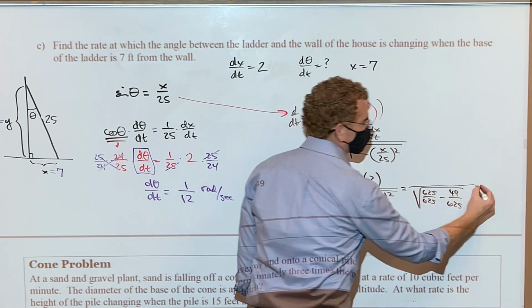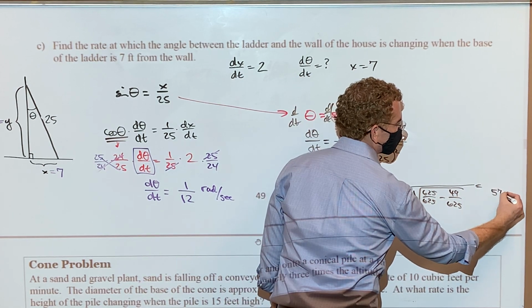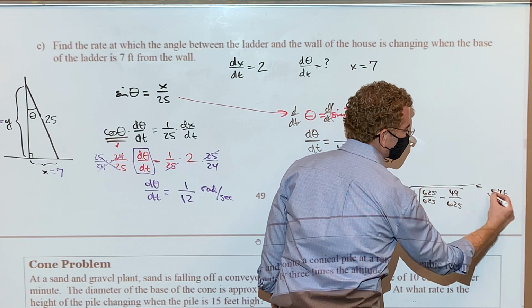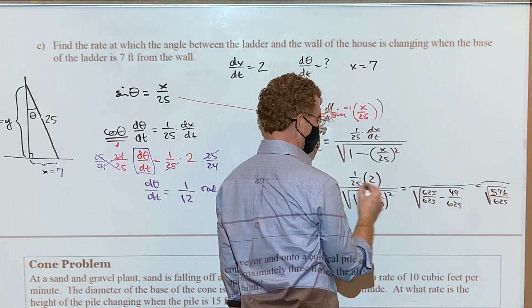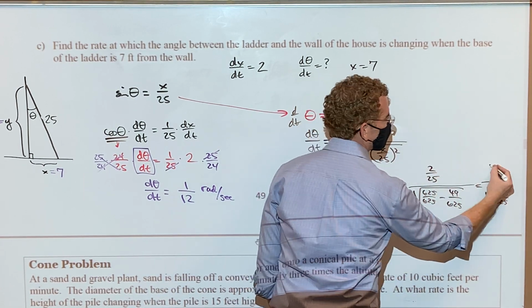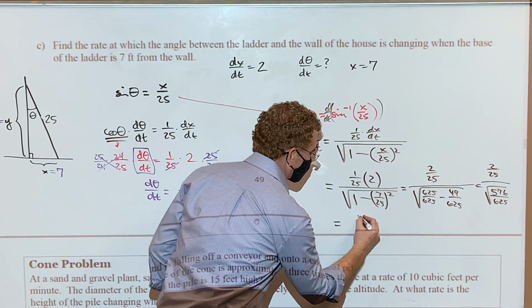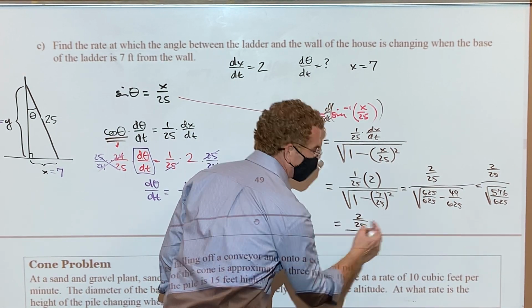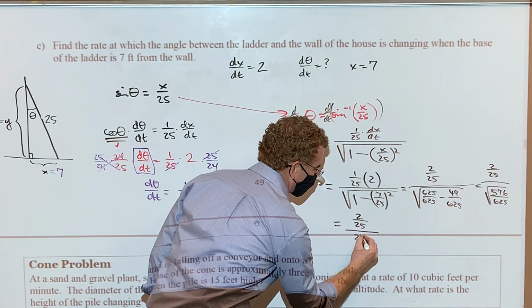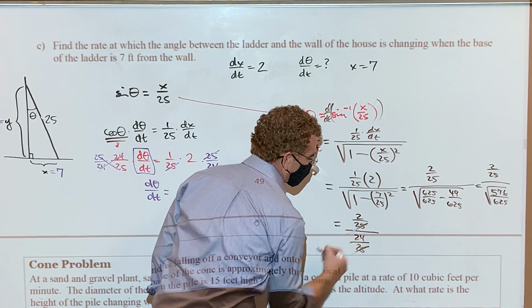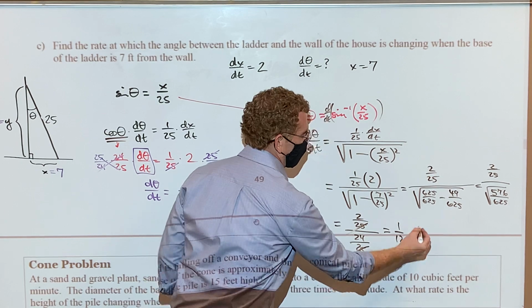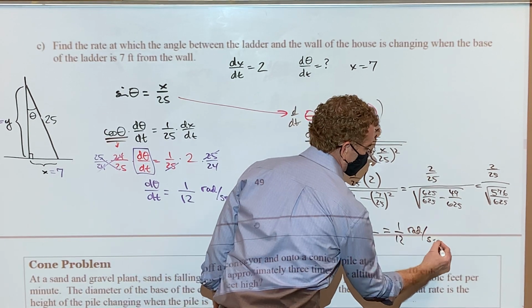And when I subtract them, I get what? 576 over 625? With this 2/25 on top. But again, if it was a calculator problem, it'd be pretty simple. And all you end up with is 2/25 on the top and 24/25 on the bottom. 25s cancel, 1/12. And again, radians per second.